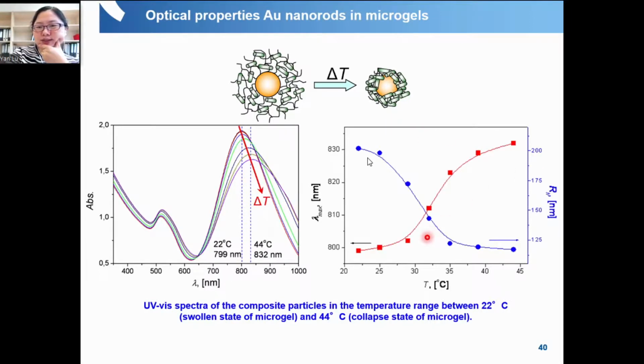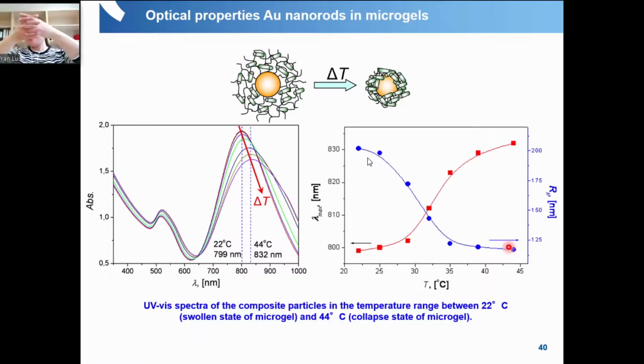And you can also plot the shift of this surface plasmon band as a function of the particle size of the microgel, the blue points here. They fit with each other very well. And this is because when you increase the temperature, the PNIPAM network starts to shrink.